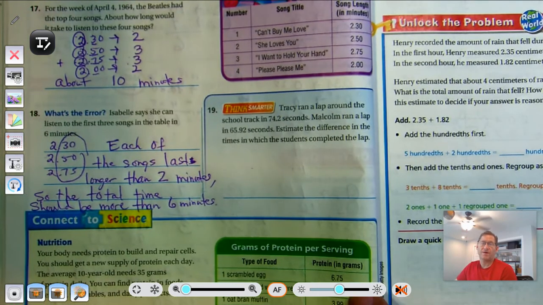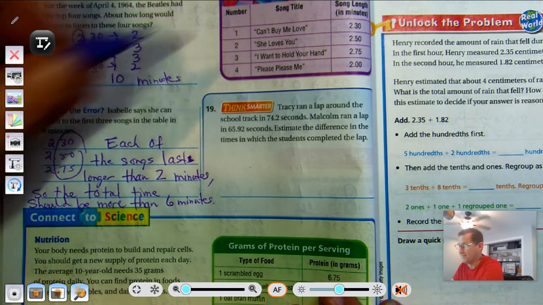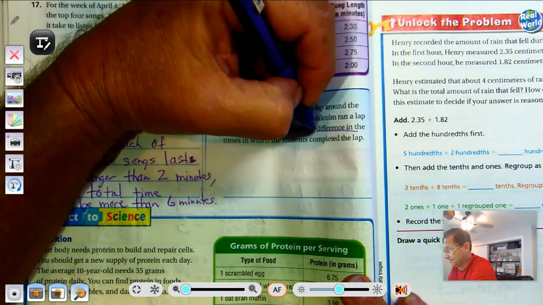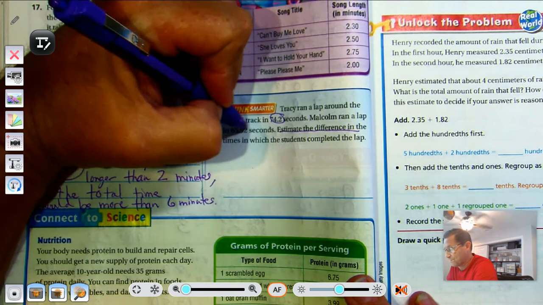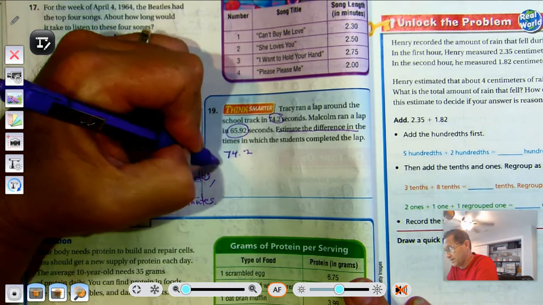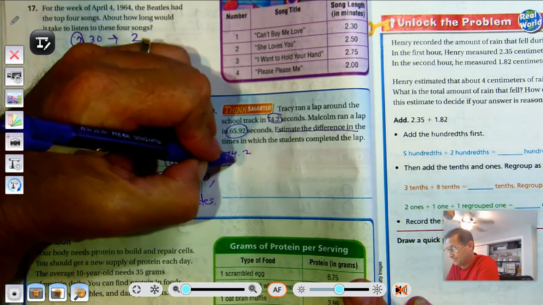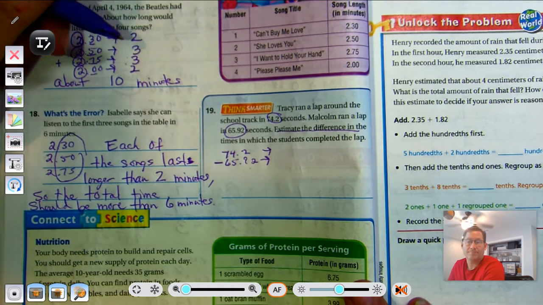Tracy ran a lap around a track in 74.2 seconds. Malcolm ran a lap in 65 and 92 hundredths seconds. Estimate the difference. So 74.2, take away. It said estimate the difference. All right.